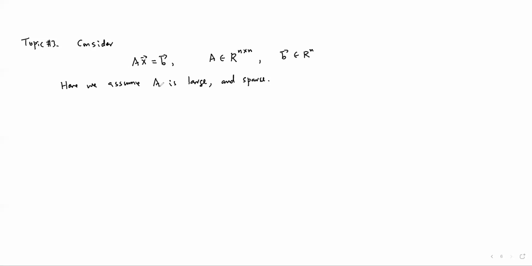We don't store zeros. So the storage of a sparse matrix is cheap, not expensive. From linear algebra, we learned that a typical solution method for a linear system is Gaussian elimination, right?